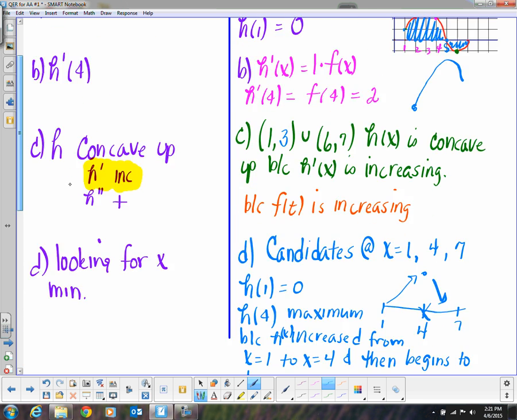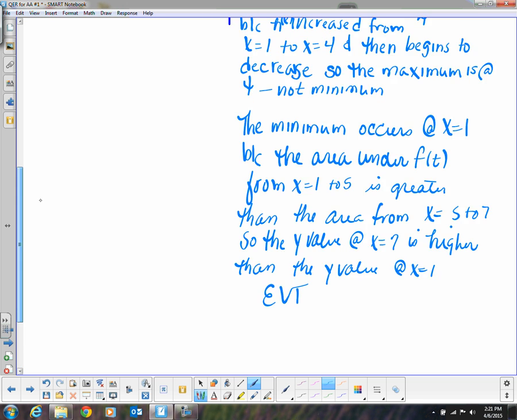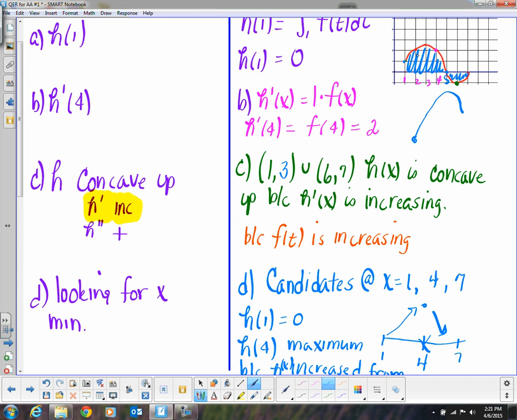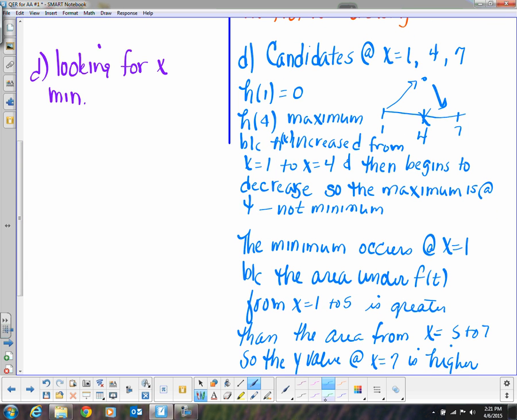All right, so had this been a problem where you literally could have computed the area, you wouldn't have had to write all this. You literally could have said h of 1 equals 0. You could have figured out the area from 1 to 4, and you could have found the area from 1 to 7 and figured out which one was the smallest.